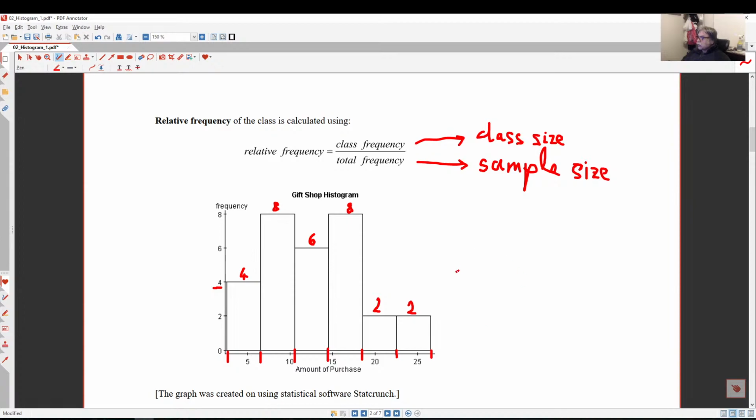This histogram is also called bimodal because it has 2 hills. So it's bimodal. It also has a more pronounced tail to the right, and that is called skewed to the right.